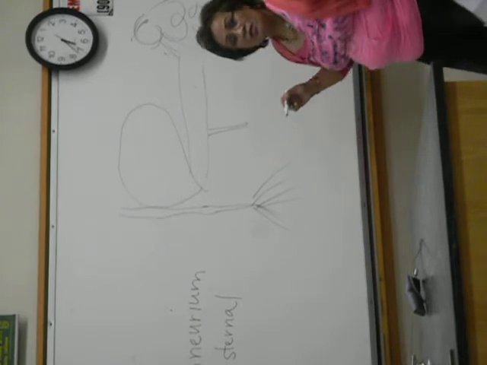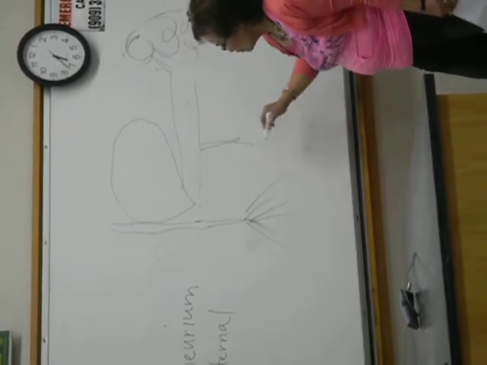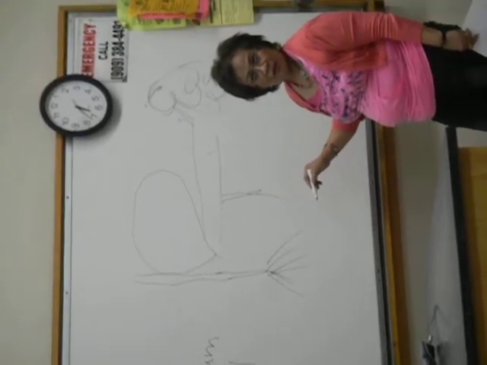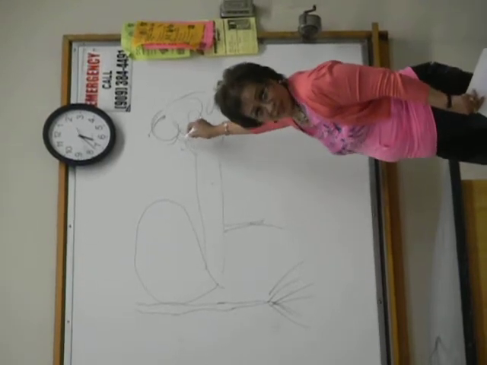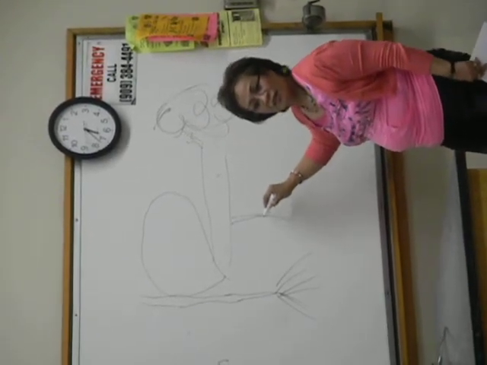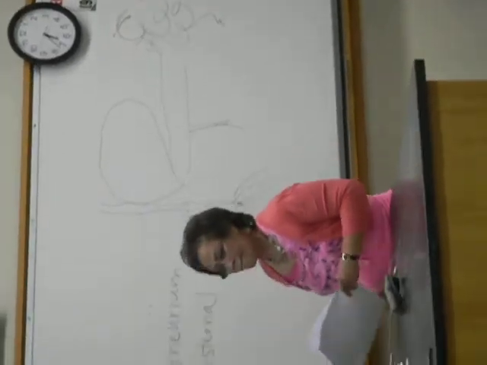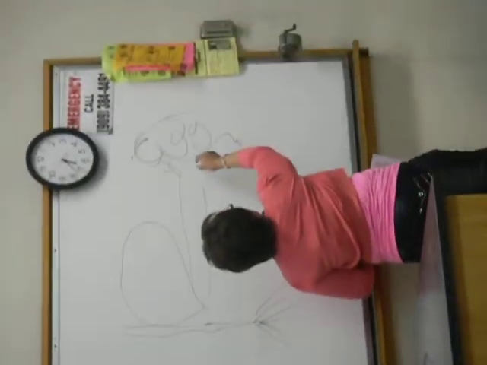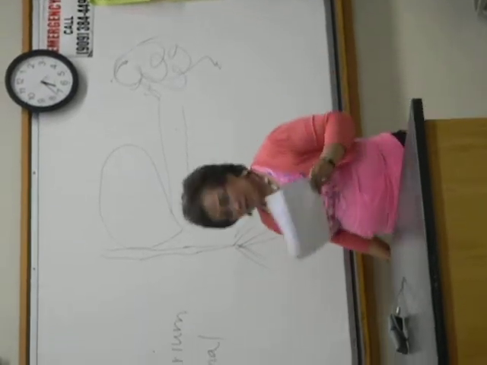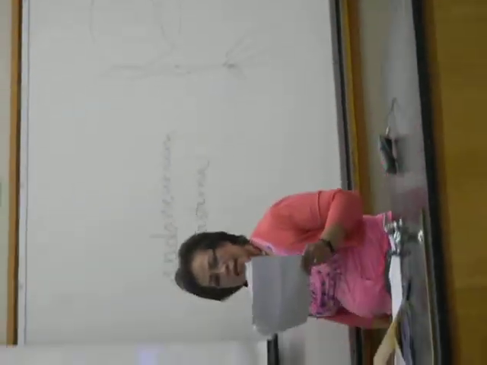So what are those now? You have the superior and you have the gastrocolic. The one that goes to the small intestine is the superior mesenteric vein. Okay?